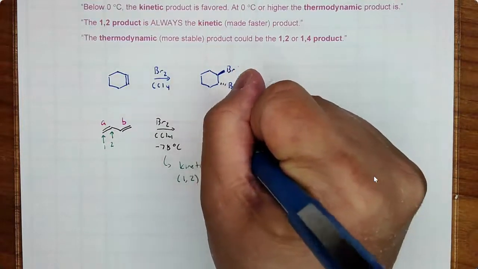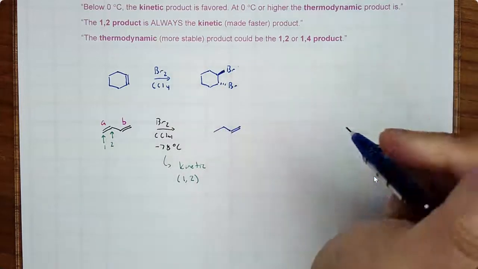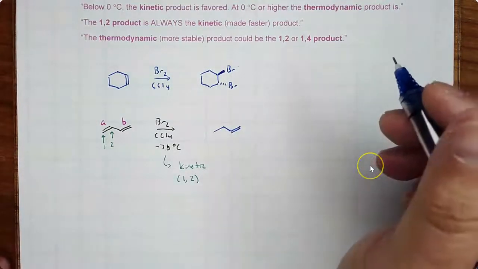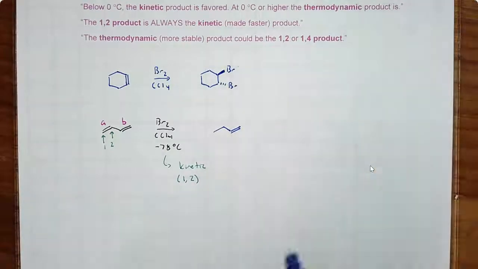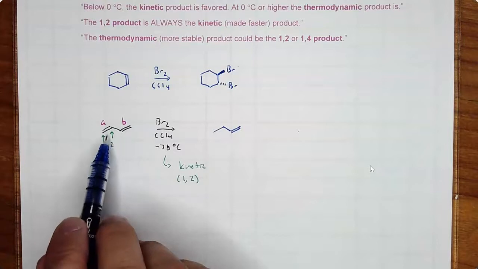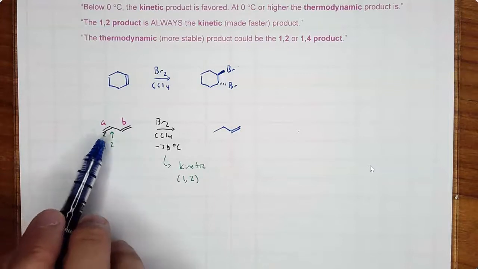This is more easily visualized than adding HBr, because with HBr you have to remember that you're making the more stable carbocation by adding the H on the end to put the carbocation here.